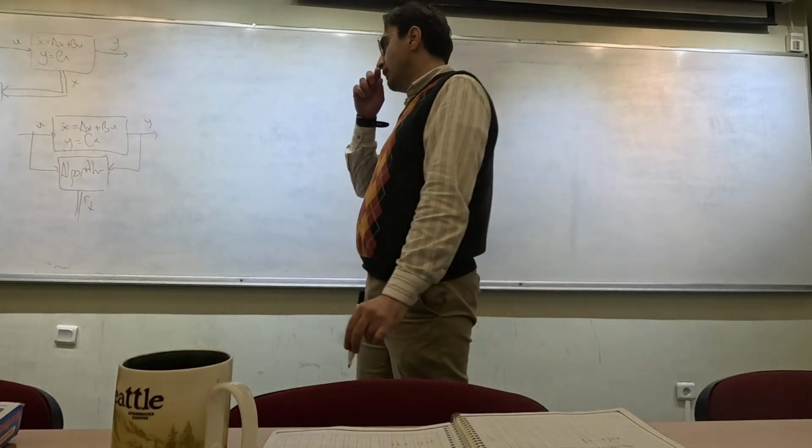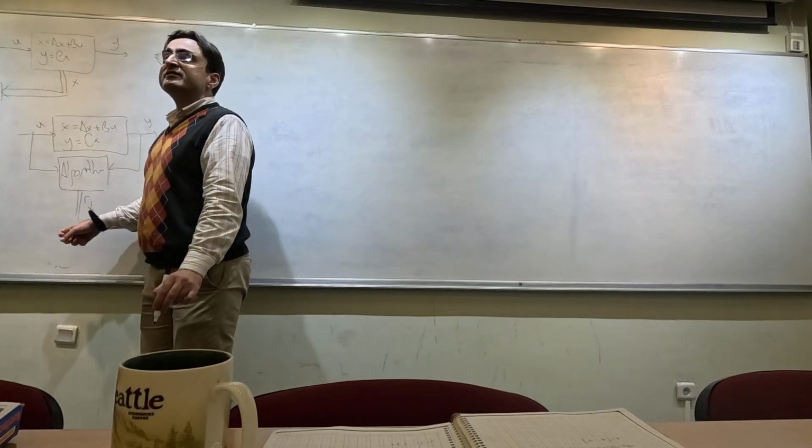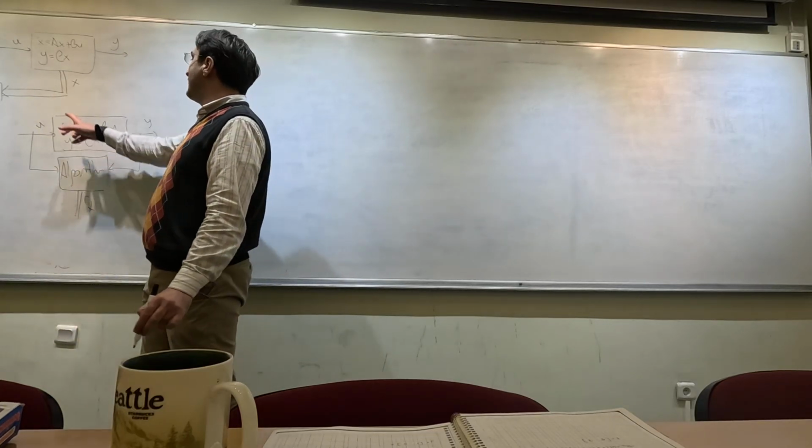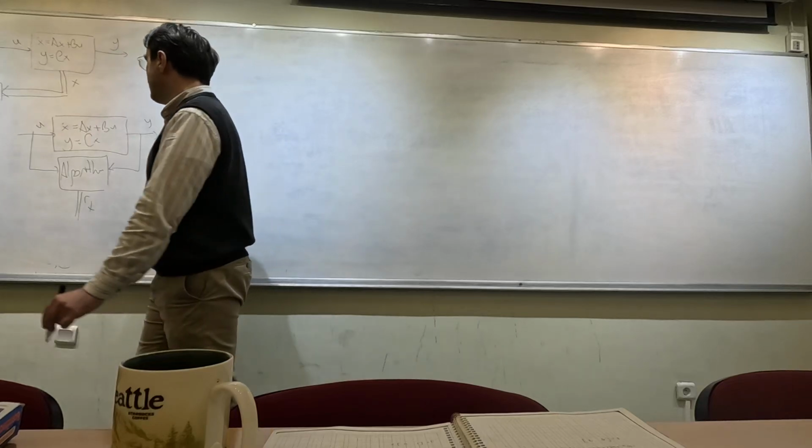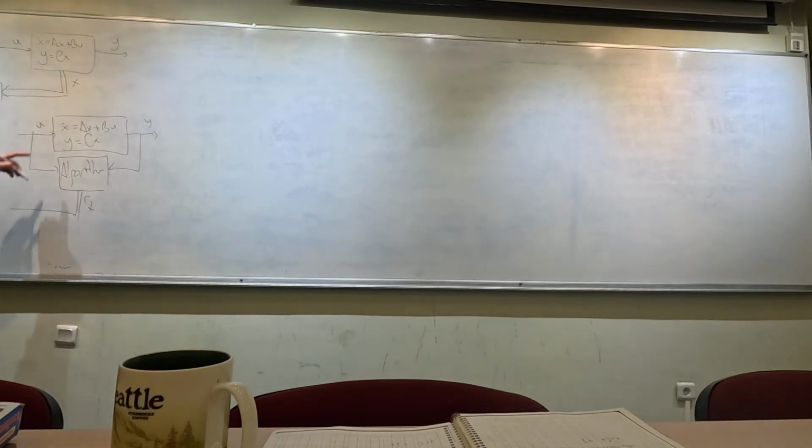And we want this x hat to converge to the actual state of the system in a quite fast way. Now, instead of feeding the actual state of the system back, we can try to feed the estimated state back onto the input side.